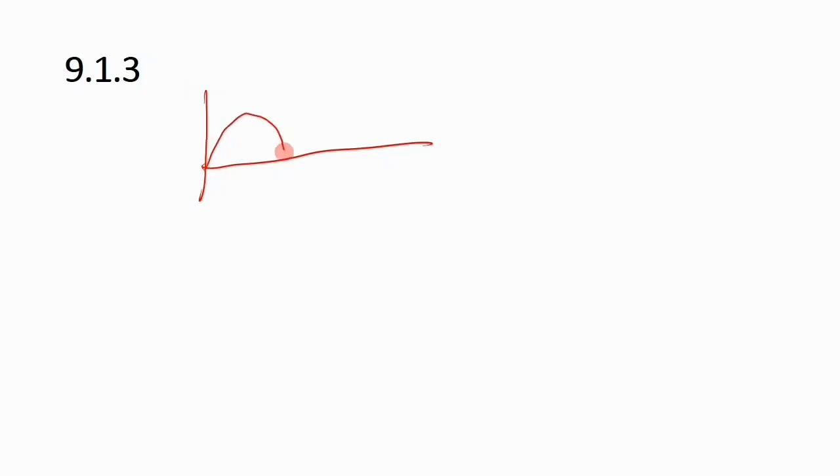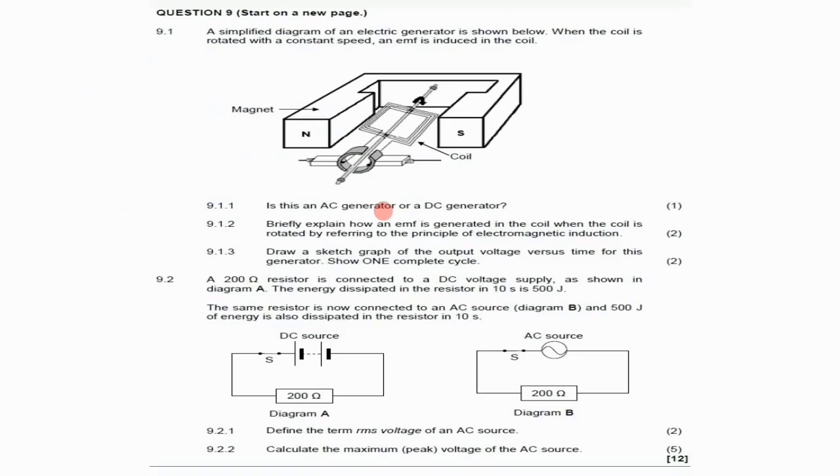Because DC has only one direction, the peaks here are of the same height. Then here you just have to indicate this is time in seconds and this is your output voltage, in volts, of course. Then just like that, you have your sketch, 2 marks.